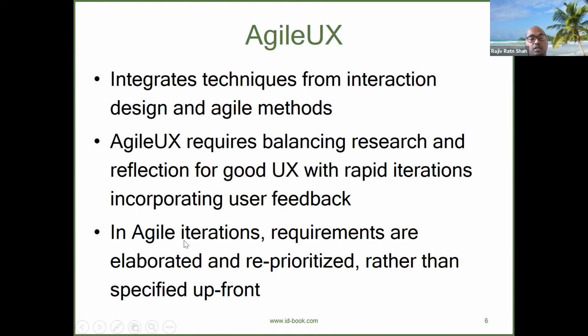So we need to consider agile iterations, which help in understanding the requirements and reprioritizing them over time, so that you can complete the project which the user is expecting. It has all the features from which the user can benefit, and finally the product will be successful.